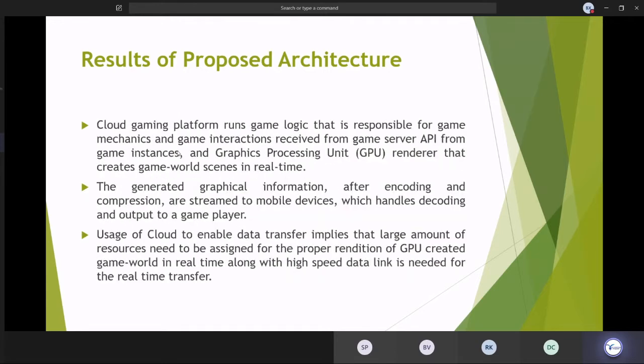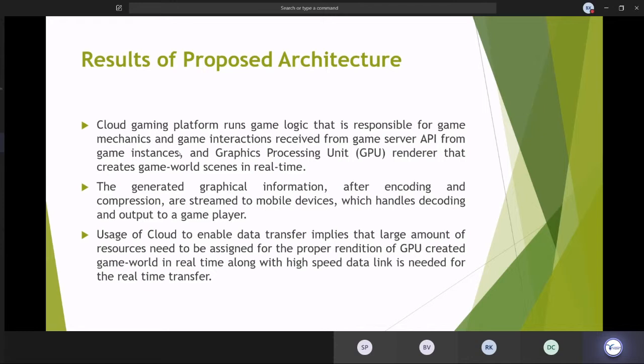Cloud gaming platform runs game logic that is responsible for the game mechanics and the game interactions received from the game server API, from the game instances, and the graphic processing unit renderer that creates the game world scenes in real time. The generated graphical information after encoding and compression is streamed to mobile devices, which handle the decoding and output to a game player.